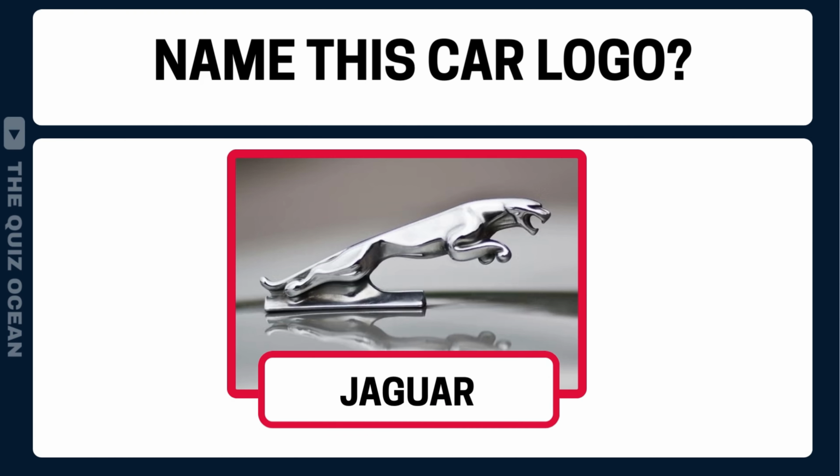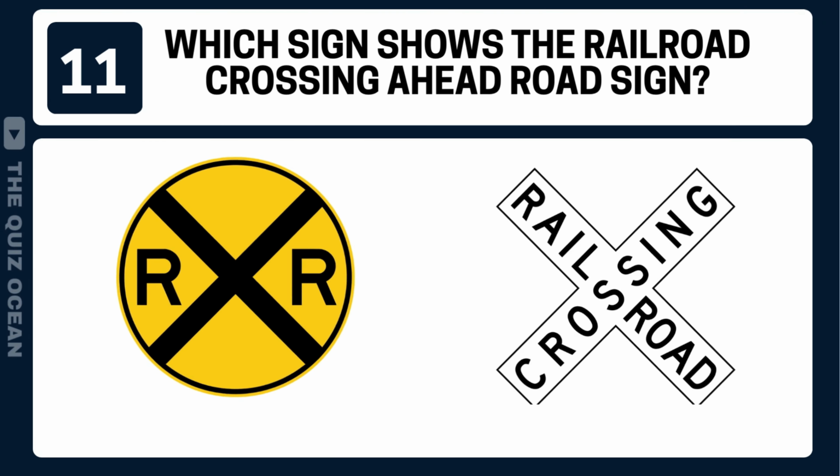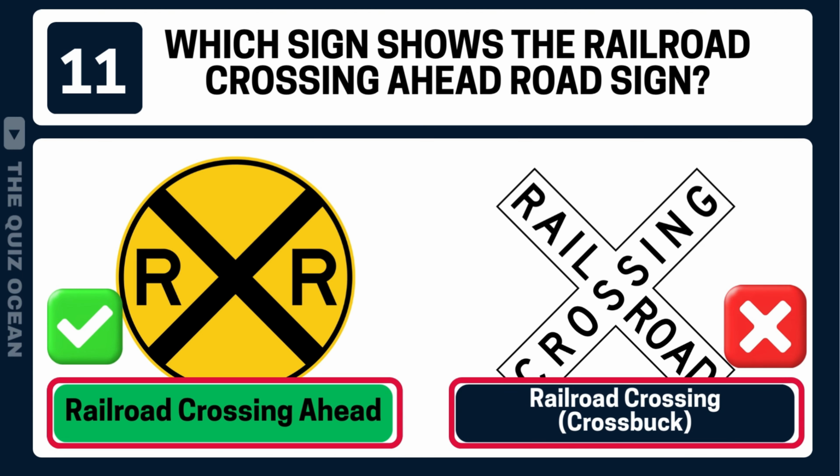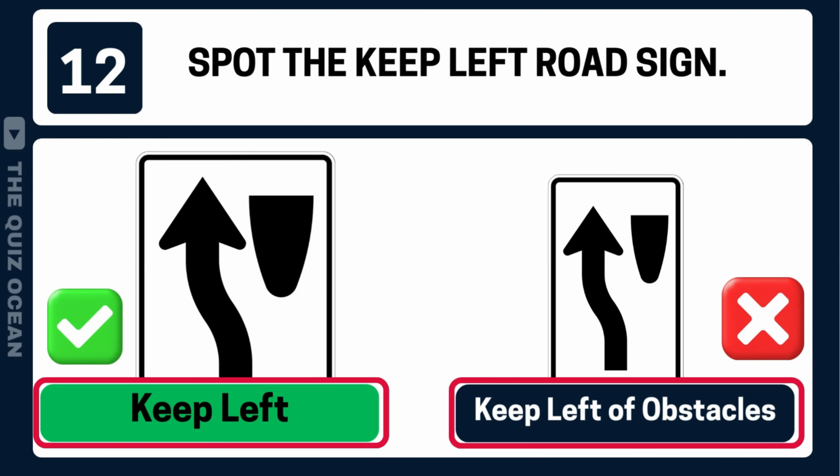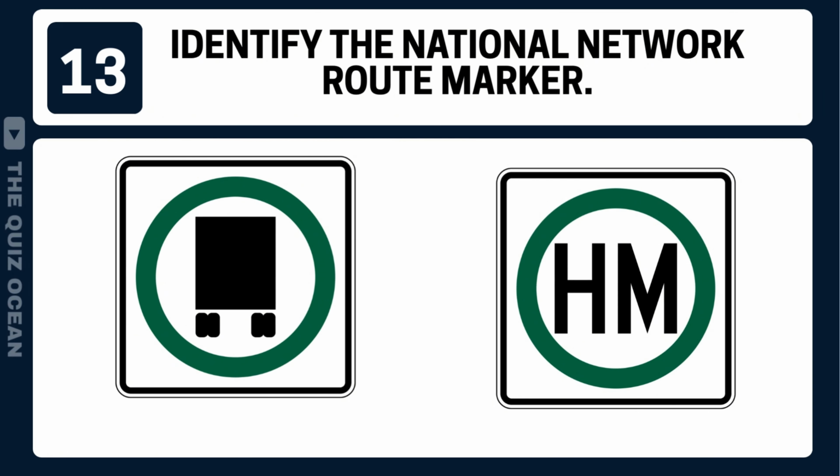The logo represents the Jaguar car brand. Which sign shows the railroad crossing ahead road sign? Spot the keep left road sign. Identify the national network route marker.